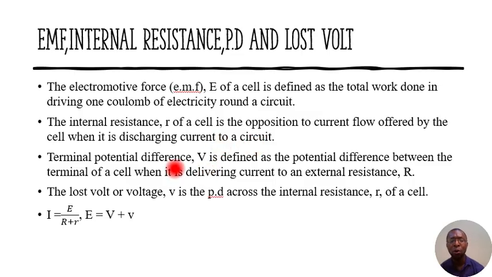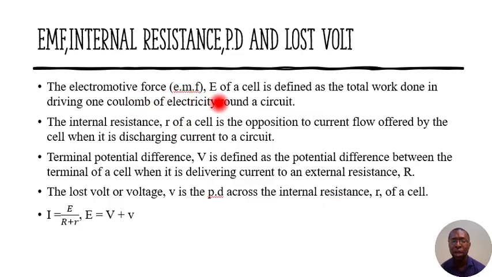Then there's another one, terminal potential difference, which is written as capital V, or sometimes we use PD to represent it. It's simply defined as the potential difference between the terminals of a cell when it is delivering current to an external resistance. The external resistances are the resistors like our bulb, our television, everything else that is connected to that cell. Then finally, the lost volt or lost voltage is the potential difference across the internal resistance of a cell.